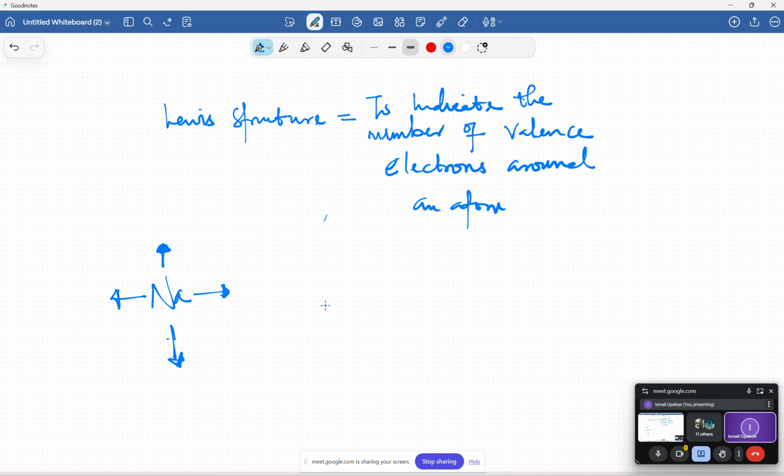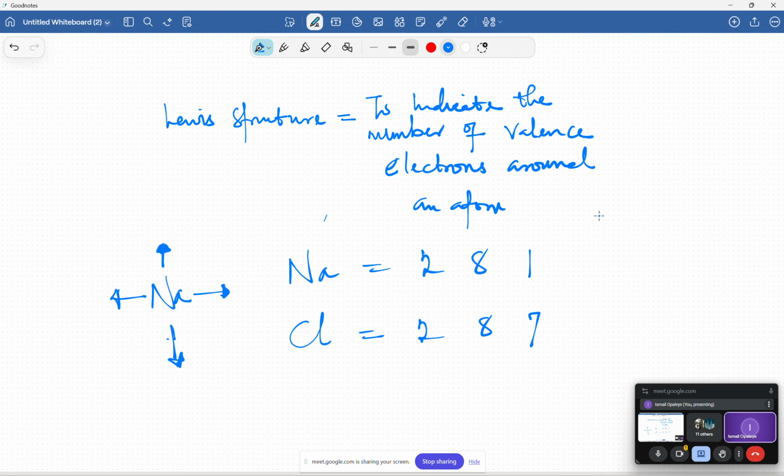Now you need to ascertain what the valence electron of sodium is. Sodium itself is 281. That is 2 in the K shell, 8 in the L shell and 1 in the outer shell. Chlorine is 287.